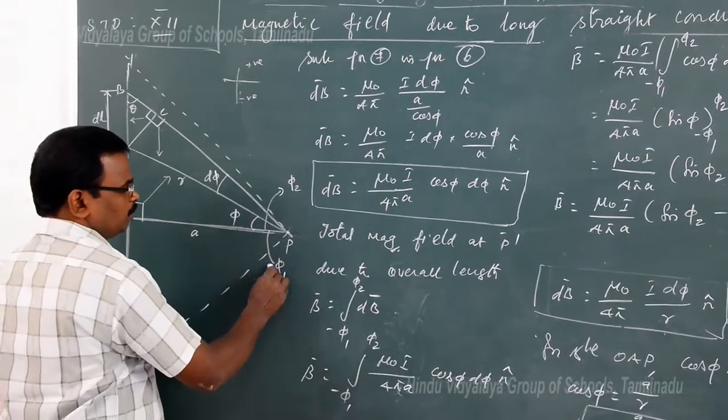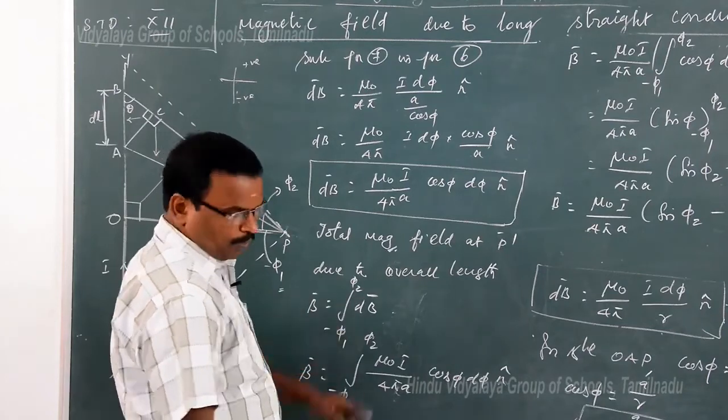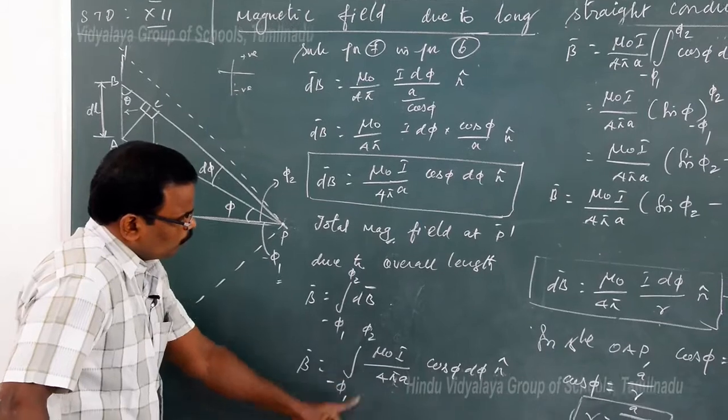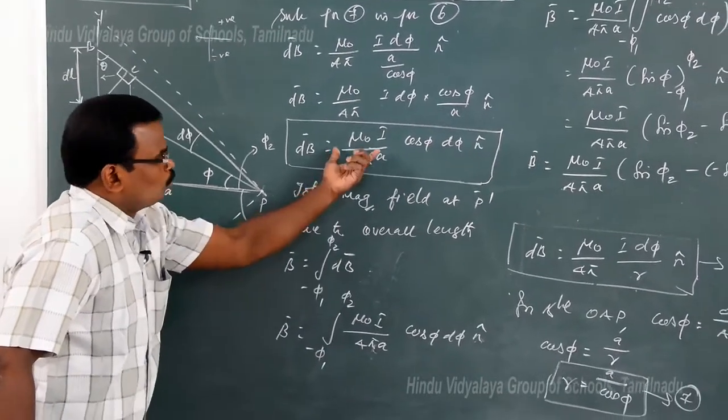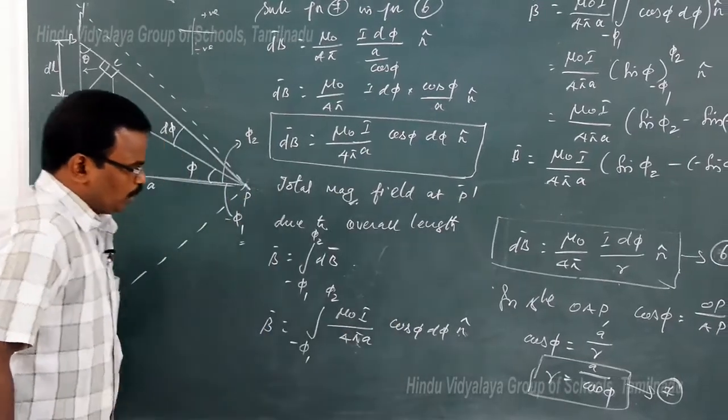So this angle is minus phi 1 and this is plus phi 2. B vector is the integral from minus phi 1 to plus phi 2 of mu naught I by 4 pi a cos phi d phi n cap.